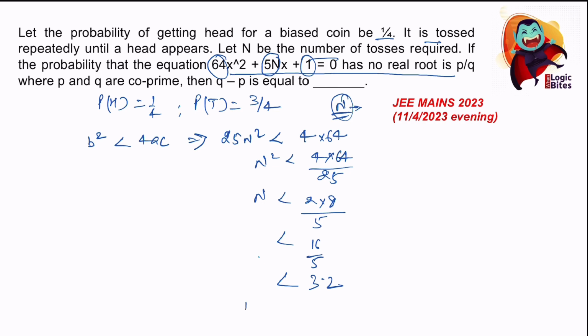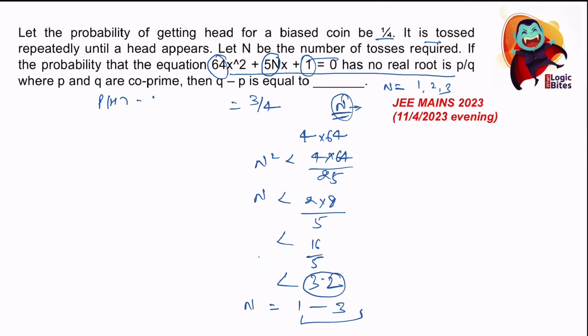So n can have any value from 1 to 3. It has to be less than 3.2. So we will remember that n is any number from 1 to 3. We will remove the other part to create space for the next part.